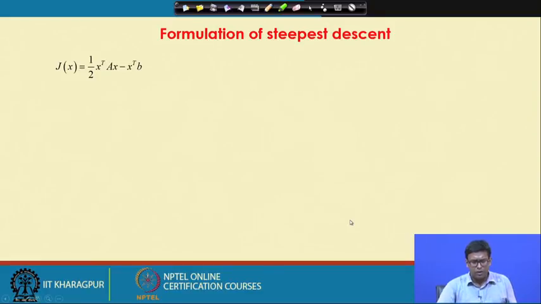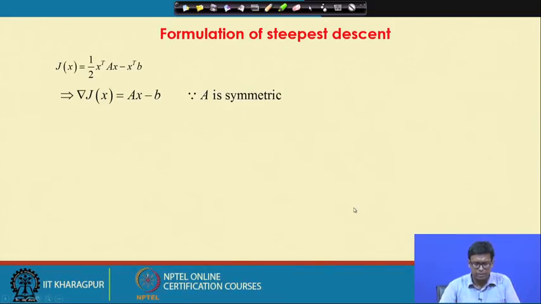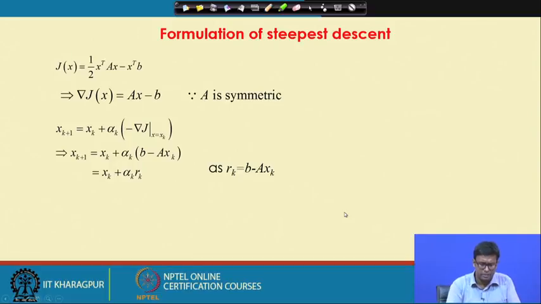So, I have J x is equal to half of x transpose A x minus x transpose b, grad J is equal to A x minus b, as A is a symmetric matrix. x k plus 1 is equal to x k plus alpha k into minus grad J of x, evaluated at x k, as we have seen earlier.